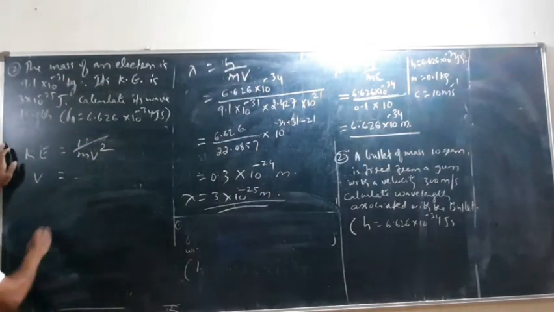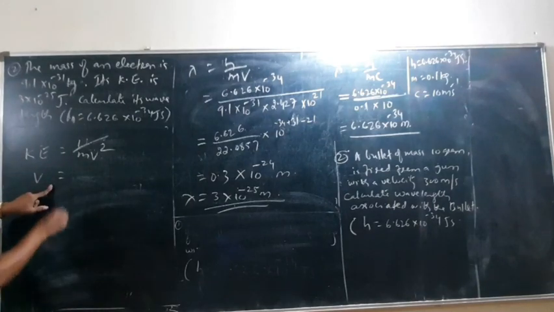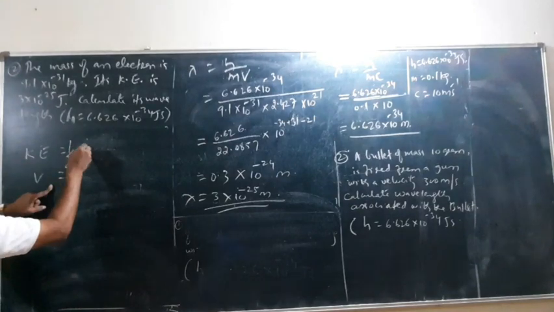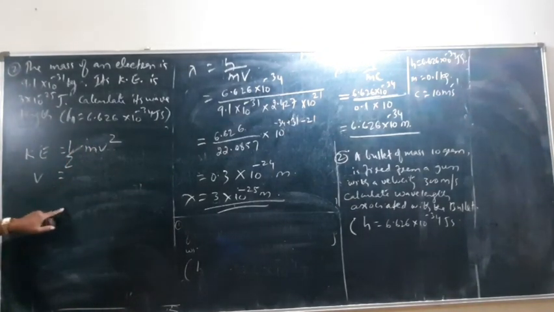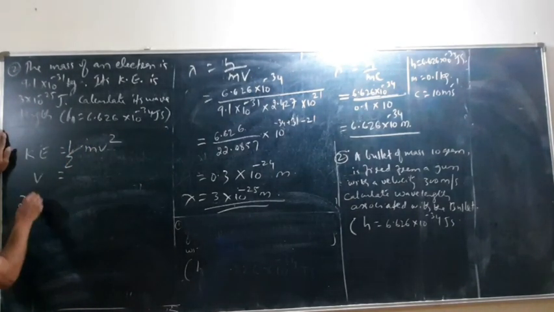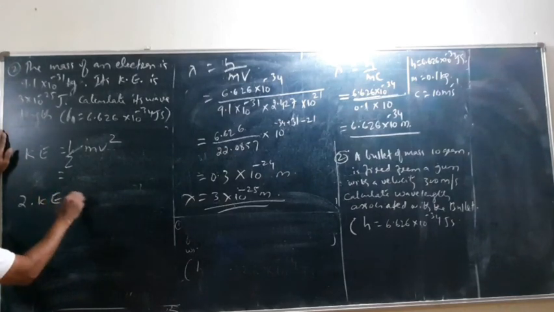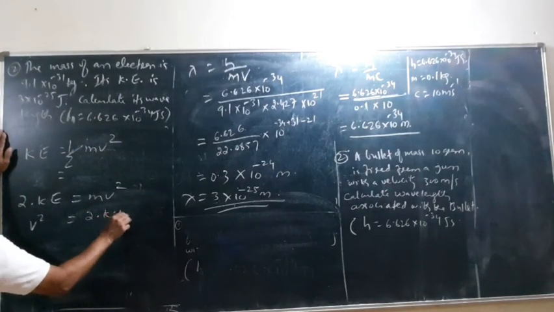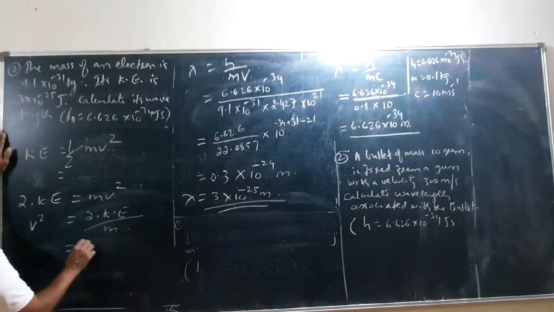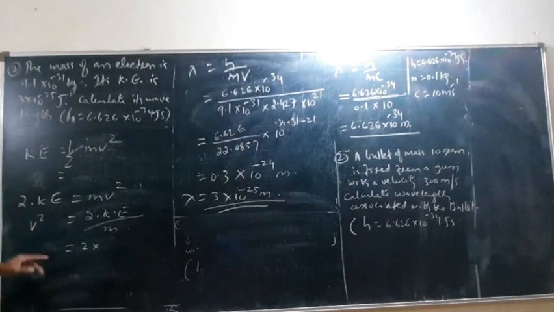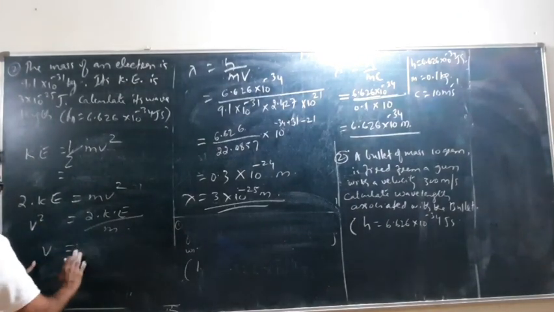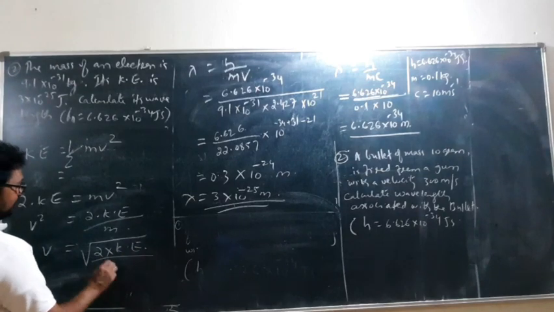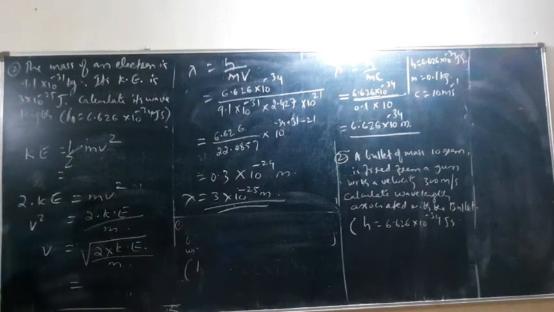So 2 into kinetic energy equal to mv square. v square equal to 2 into kinetic energy divided by m. v equal to square root of 2 into kinetic energy divided by m. This you have to work out.